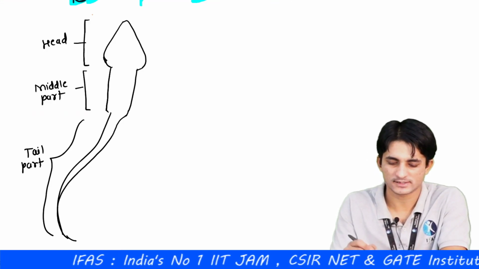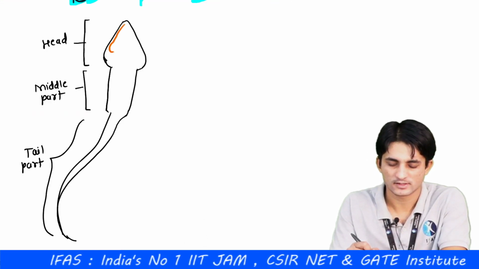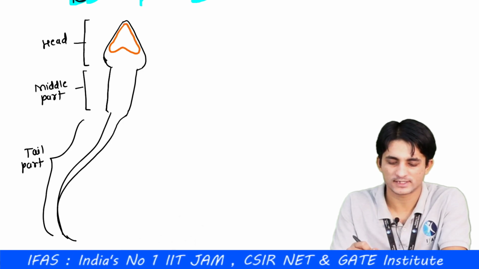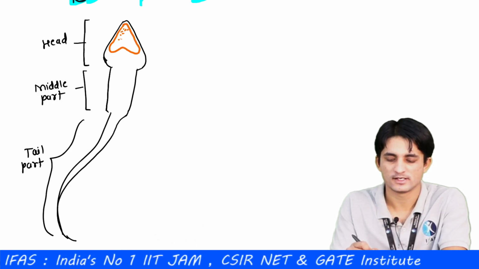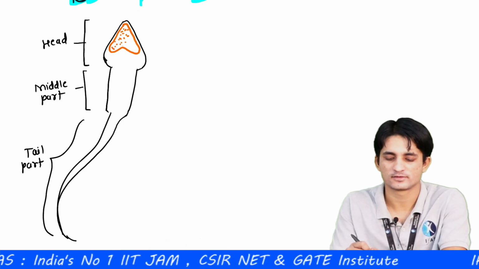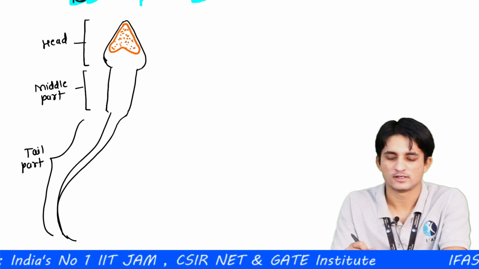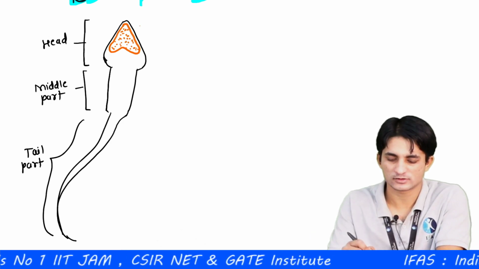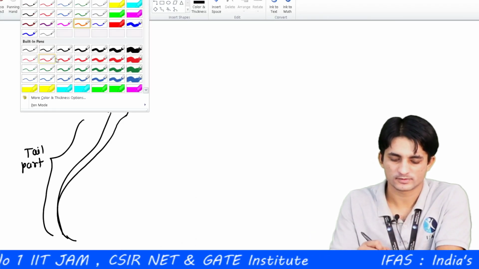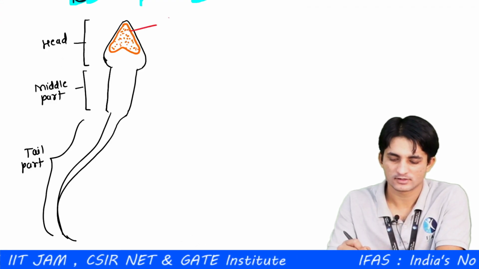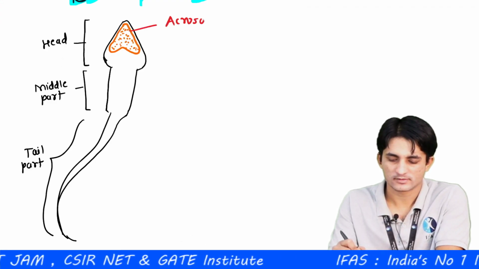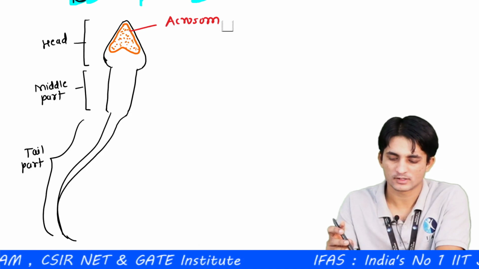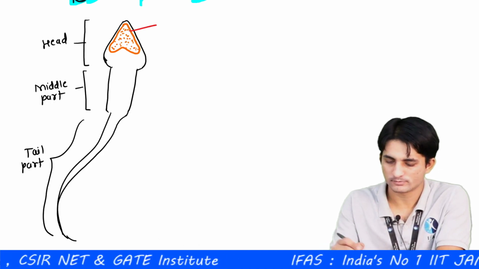Then in the sperm structure, first there is a large cap covering around 3/4 of the region, which is enzymatic and made from the Golgi. This is called the acrosome. This is the first structure.